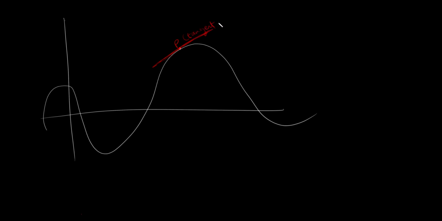However, it's not easy to find the tangent line just by looking at it. Normally, to find the slope, you take 2 points.